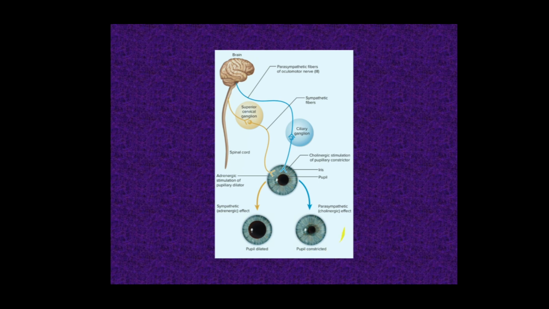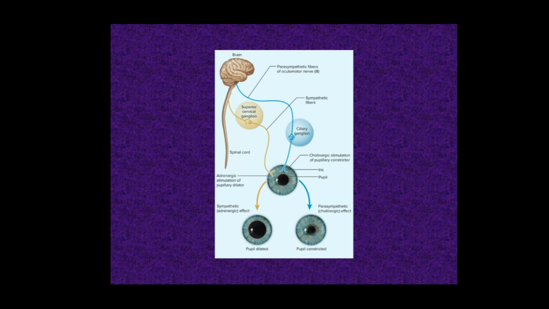How does it happen? With the help of the same muscles present in the iris, that is the circular and radial muscles. So this picture clearly indicates how our brain and spinal cord control the working of the radial as well as the circular muscles in the iris, thereby controlling the size of the pupil.